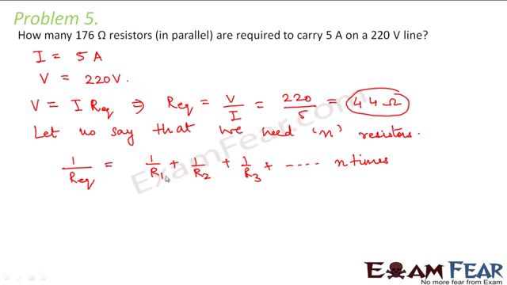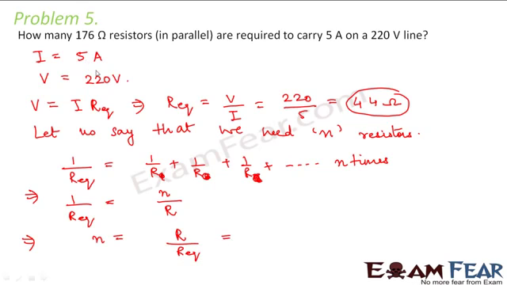Now the value of each of these resistances is 176 ohms. That means their values are the same. So we can write 1 by R plus 1 by R plus 1 by R, N times. So I can write it this way: 1 by R equivalent is equal to N divided by R, because adding 1 by R N times means multiplying 1 by R with N. So from this we can say N is equal to R divided by R equivalent.